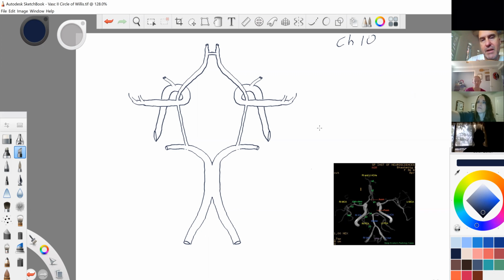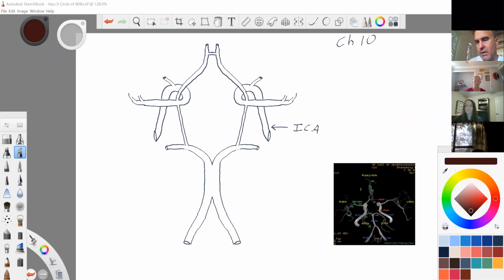These are obviously not the entire artery. It's cut off, so this is really the very end of the ICA flow. I'm going to try to show as best I can the direction of flow.